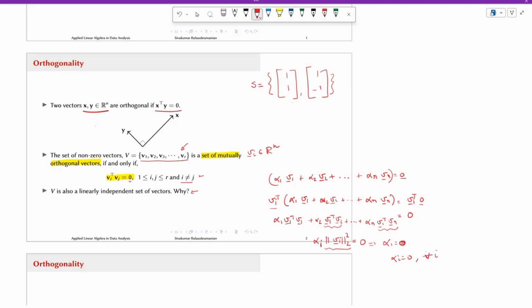Whenever you have a set of mutually orthogonal vectors, the only linear combination that will produce a zero vector is if we set all the alphas to zero. So the answer to this is yes, and this is the proof of why that is true.